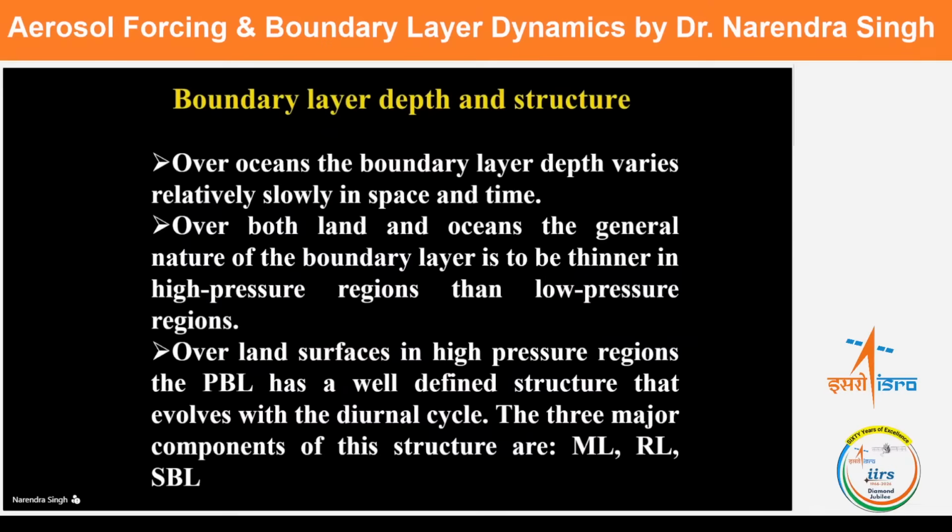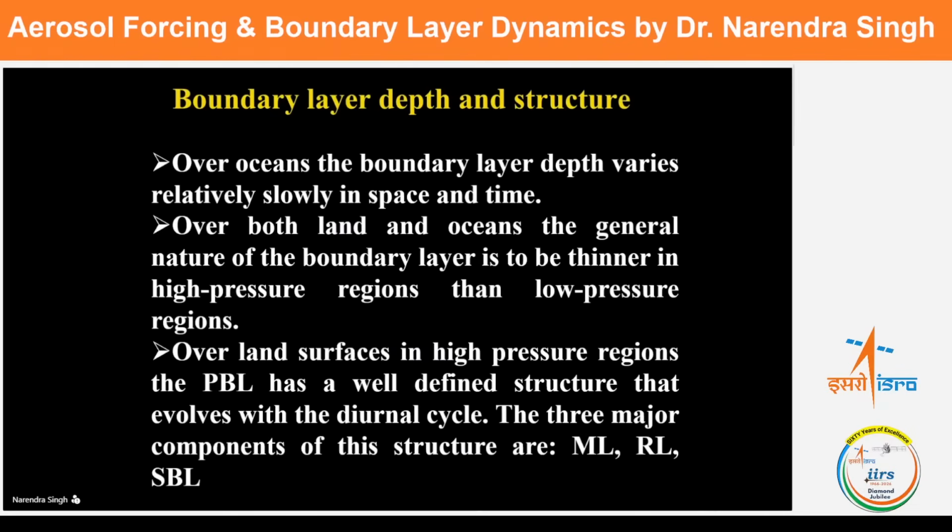In a high pressure region, the mixing will be slower in the atmosphere, and in a low pressure region it will already be turbulent, and with higher temperature at the surface, the boundary layer will be higher.